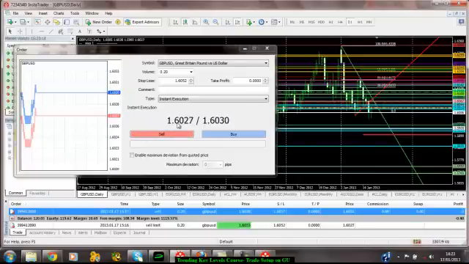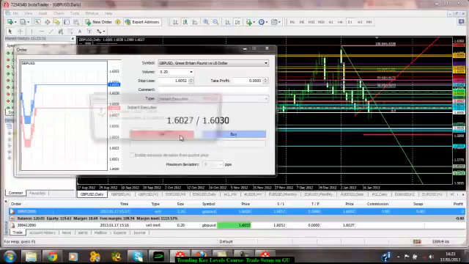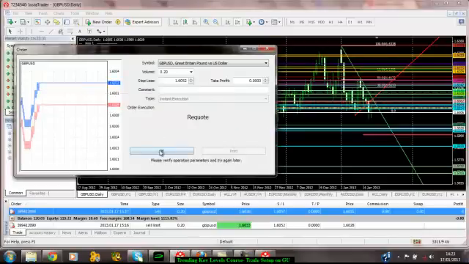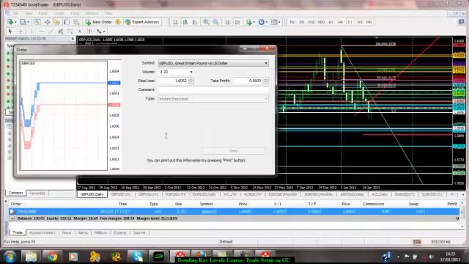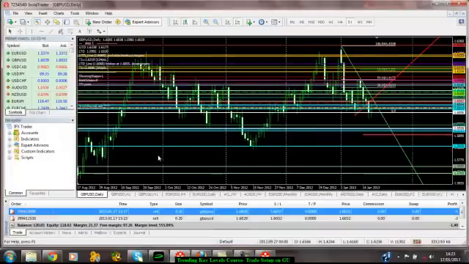I thought I could just sell a little higher than where I'd already entered, but it's not giving that. Let me get in. Okay. All right. So I think I've entered with 1 pip higher.